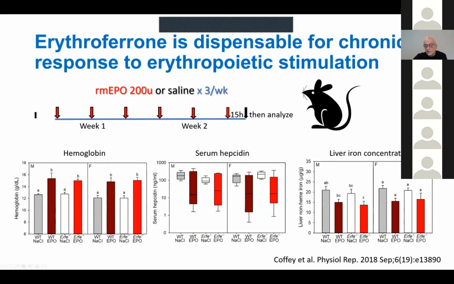There was no difference in suppression of hepcidin, and there was no difference in the terminal liver iron concentration. So as these mice make hemoglobin, they lower serum hepcidin and deplete their liver iron, and the knockout mice and the wild-type mice do that equally well. So we then concluded that erythroferrone is a stress hormone that has something to do with the acute response to hemorrhage.